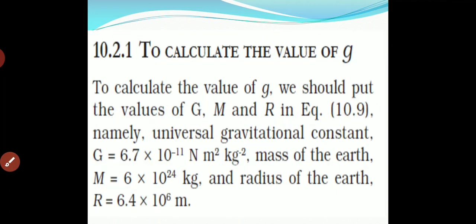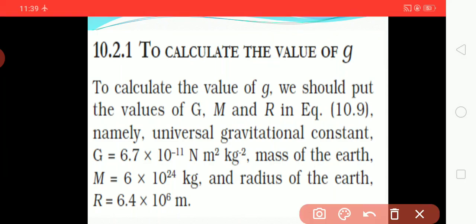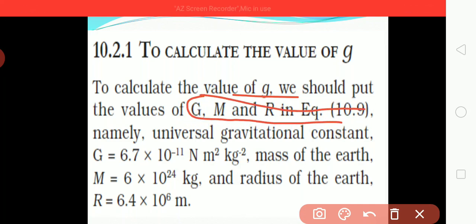Now, how to calculate small g? To calculate the value of small g, we should put the values of capital G, capital M and capital R. The universal gravitation constant capital G is 6.7 into 10 raised to minus 11 newton meter square per kg square.